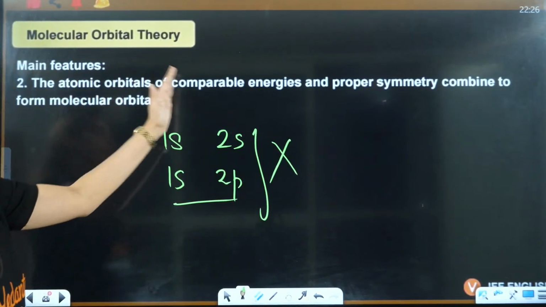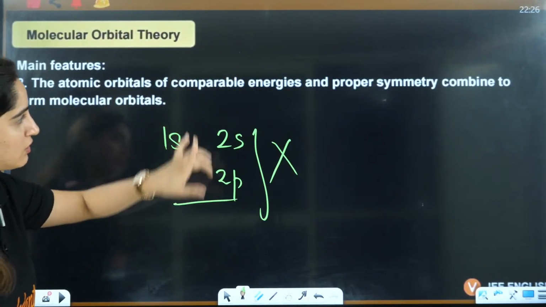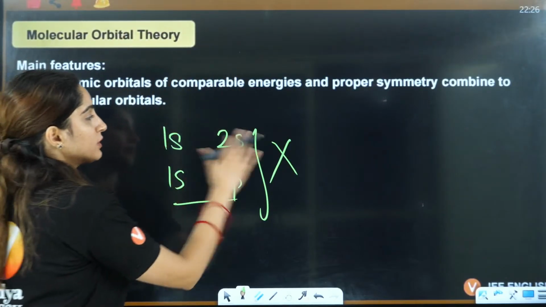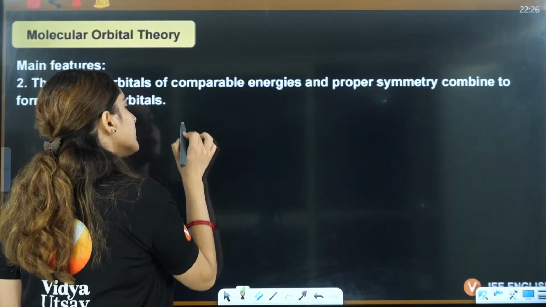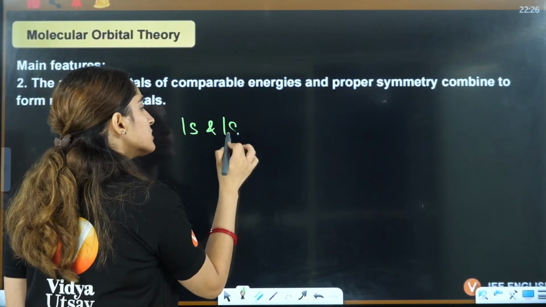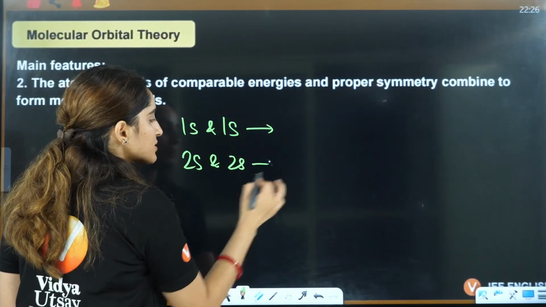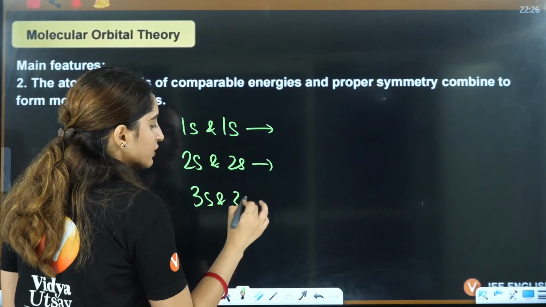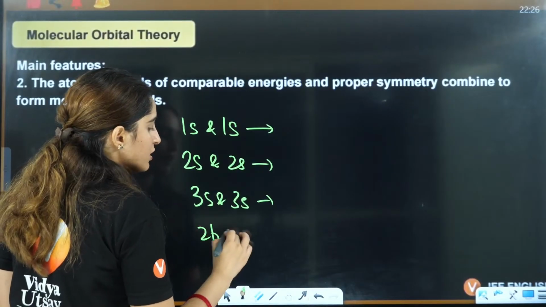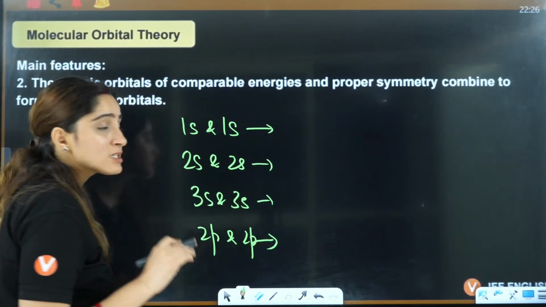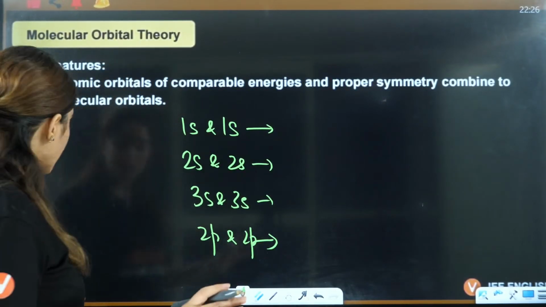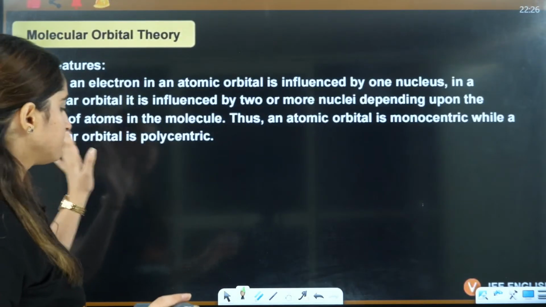The atomic orbitals of comparable energies and proper symmetry: 1s will combine with 1s to give molecular orbitals, 2s with 2s, 3s with 3s, 2p with 2p. Same energies it should be.